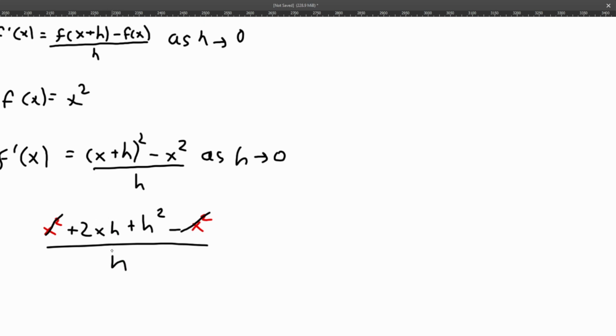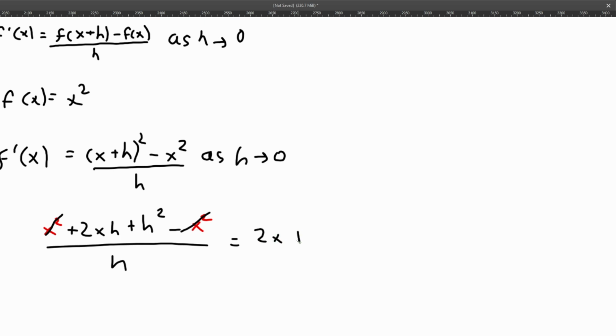Now, we should note that we cannot divide the numerator and the denominator by h if we know that h can equal 0, but we're saying that h approaches 0. We never say that h is equal to 0, and hence we can divide by h, and the result is 2x plus h.